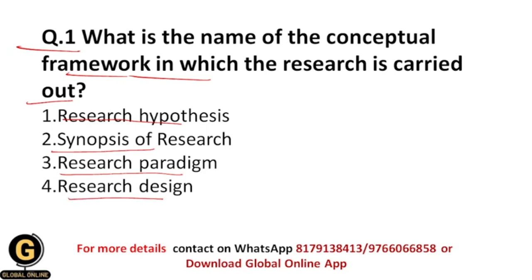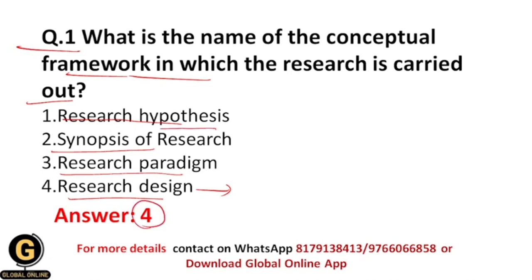Conceptual framework means the whole outline of the whole research process, which is nothing but the research design. That's why your correct answer should be 4, because research design is the whole outline of your research process, in which you explain what different data collection methods and data analysis methods you are going to employ in your whole research process.